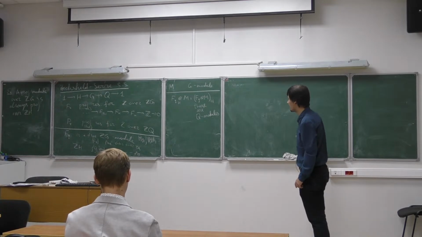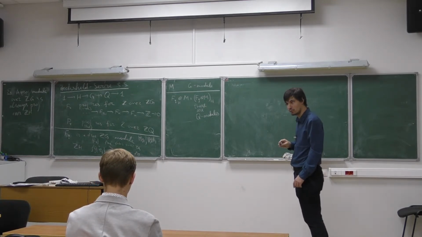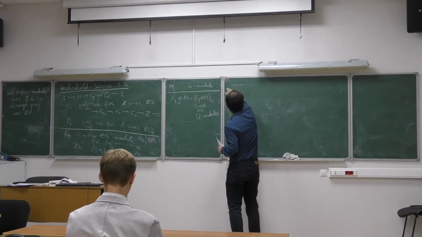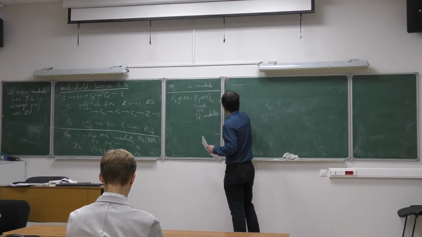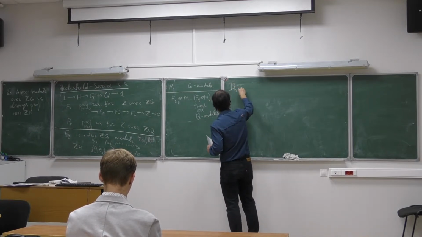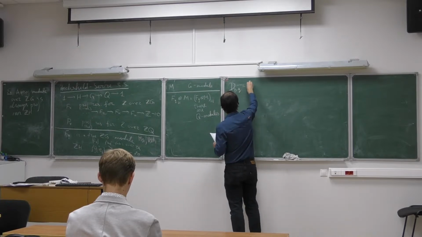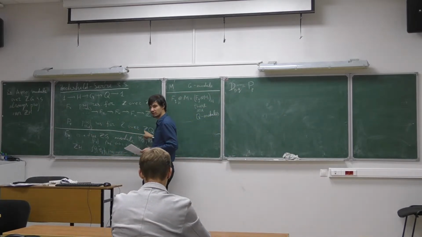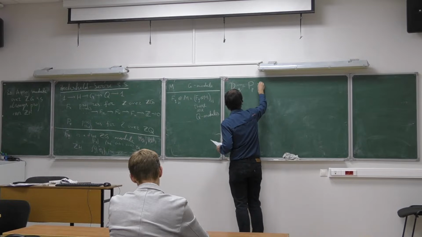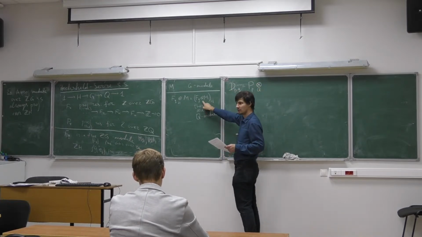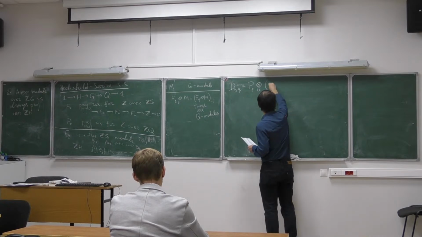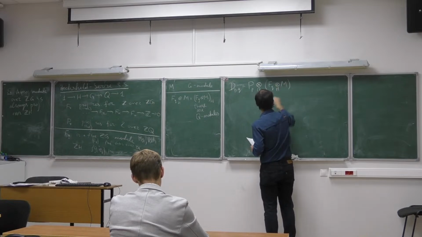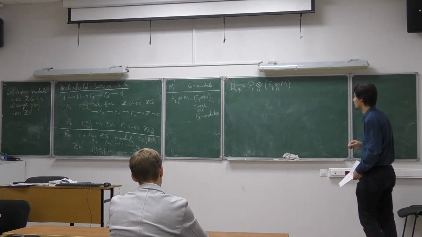Well, and now I can write down the double complex which we start from. This double complex is as follows. This is just a double complex of abelian groups. D pq is, we take this resolution for Z over ZQ, and we take tensor product over Q with this Q module. Well, so that's our double complex.